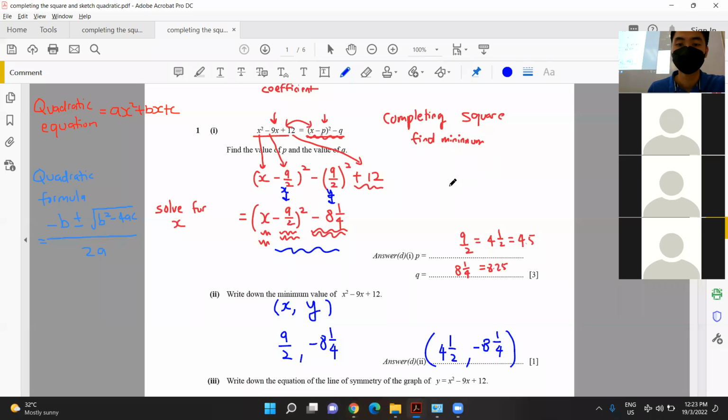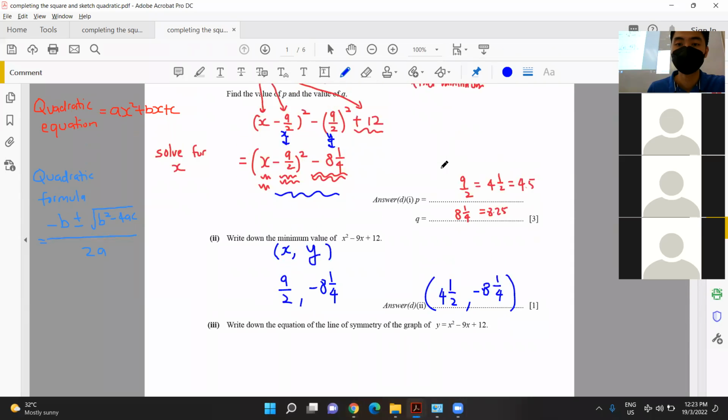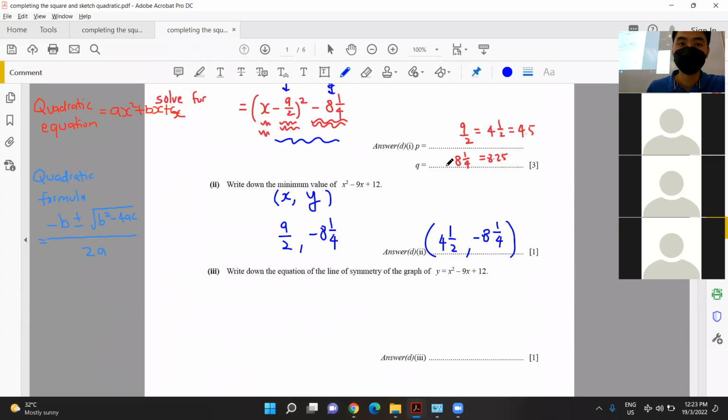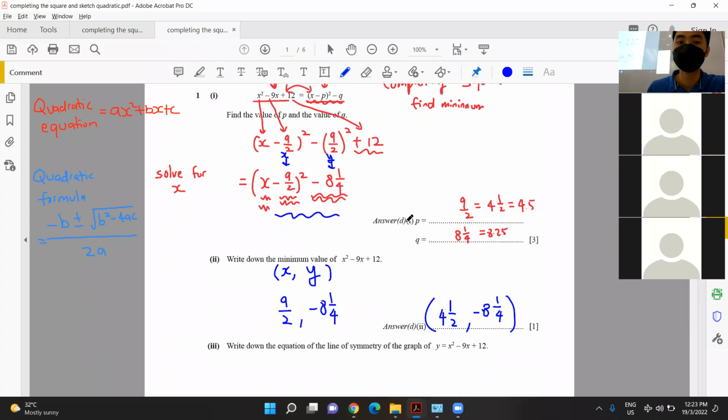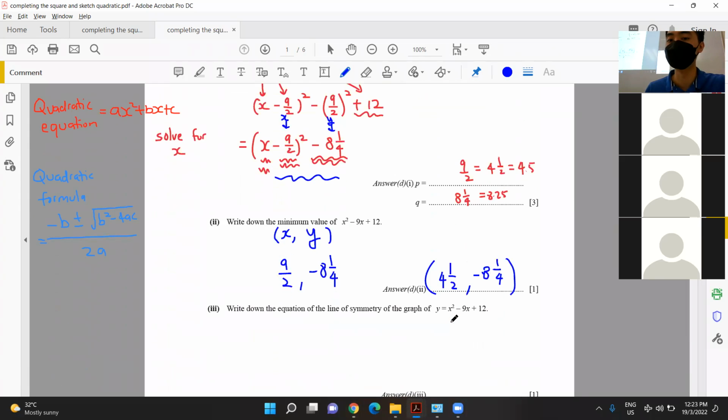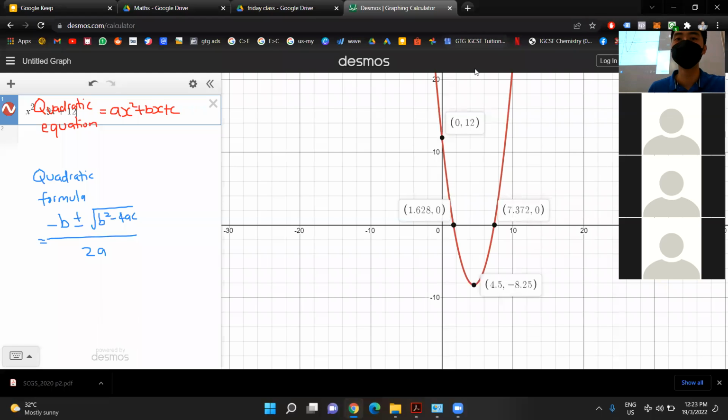So the next part in question 1, they're asking you to write down the equation of line of symmetry of the graph. The line of symmetry, if you look at the graph, is just basically the straight line down that cuts the graph in half.